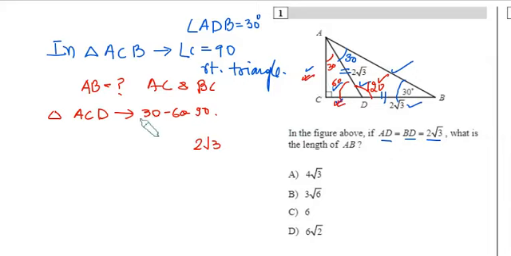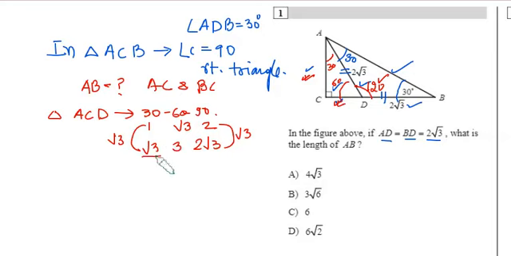The sides in a 30, 60, 90 triangle are in the ratio 1 to root 3 to 2. So this is 2 times, 2 times root 3 is 2 root 3. So this will be 1 times root 3, that is root 3, and this will be root 3 times root 3, that is 3.